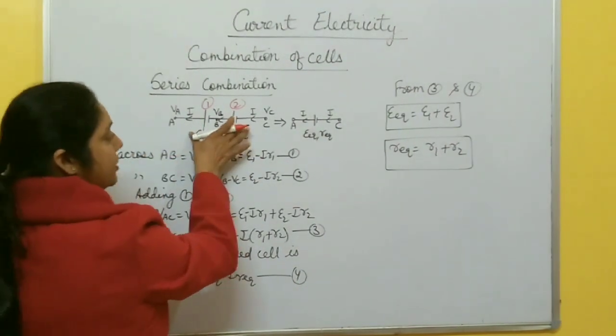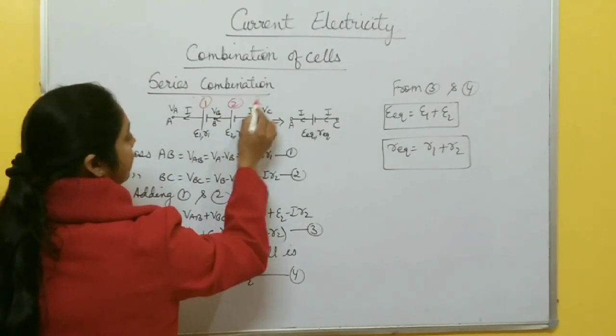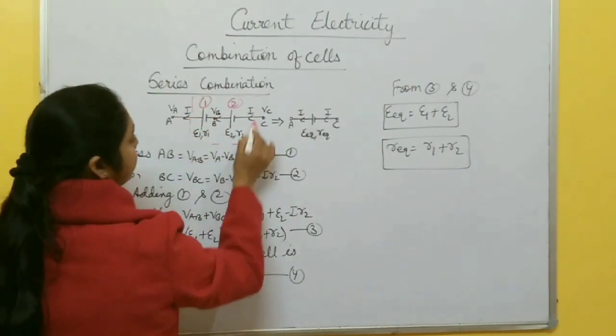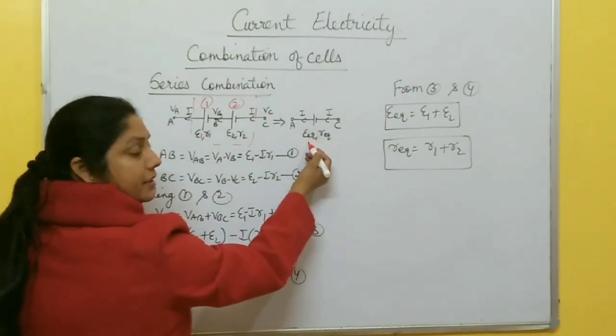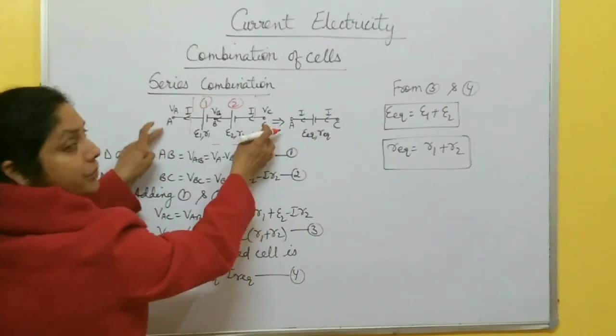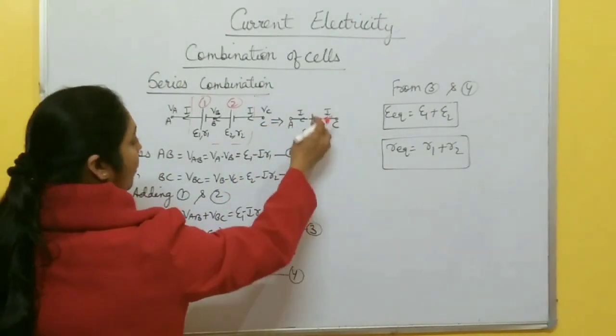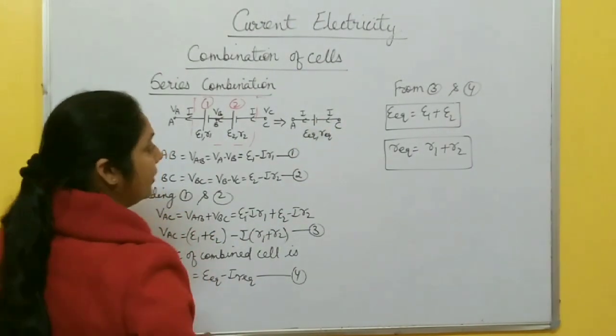Now you combine these two cells; this is the equivalent circuit of this one. These are two cells, you combine them to get equivalent resistance R equivalent and equivalent EMF E equivalent between these two points A and C. So what is the potential difference across this combined cell A and C?